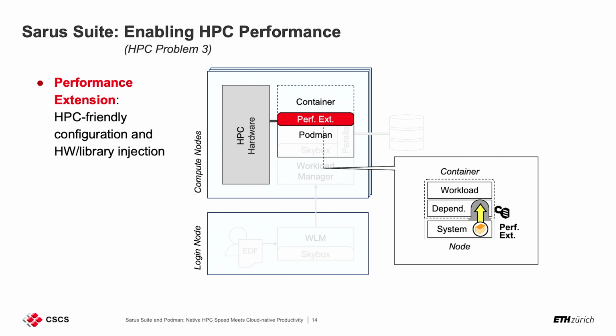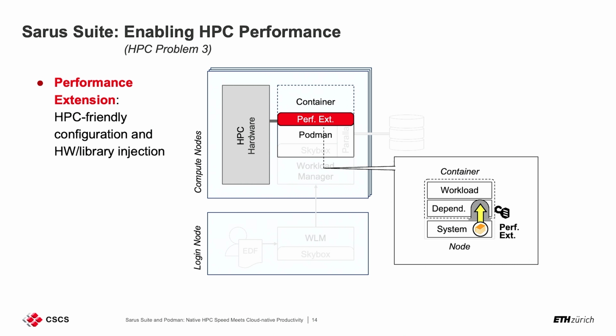The final problem was how to enable the HPC performance inside the container. For that, we add the component called the performance extension for the Sarus suite, and it does a lot of things too, but I just want to highlight this one thing.